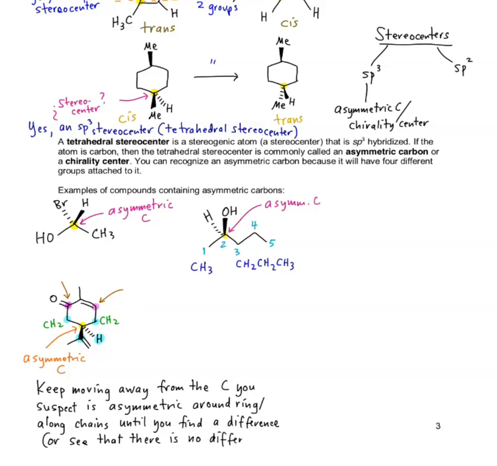If there is no difference, that means you have 2 of the same group attached to that carbon, so it's not an asymmetric carbon. Let's go back to an example we did up above.